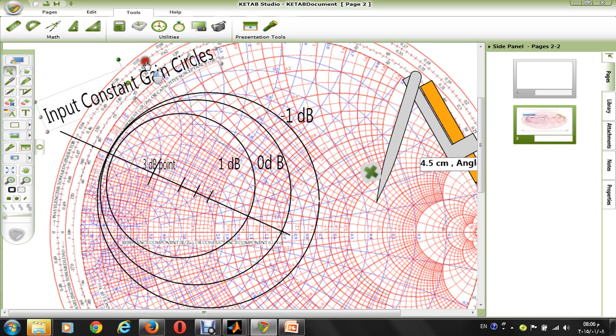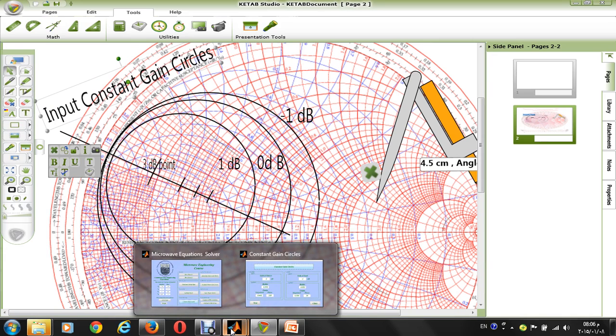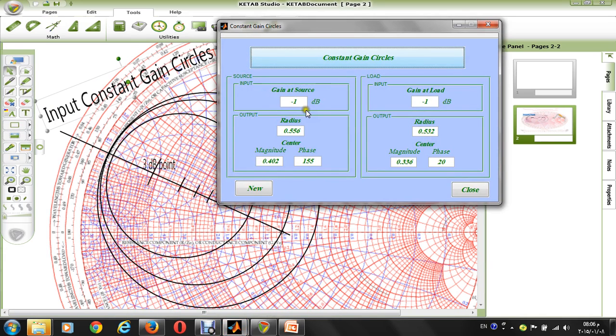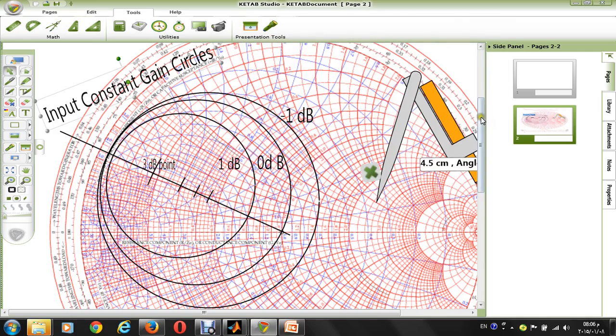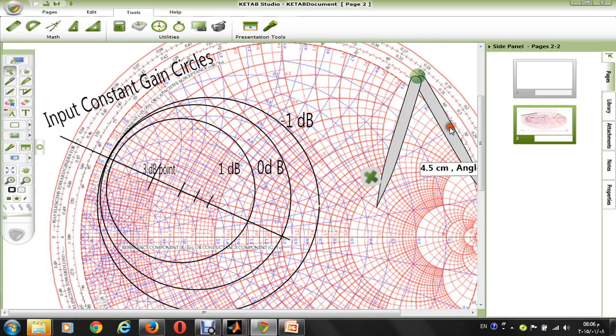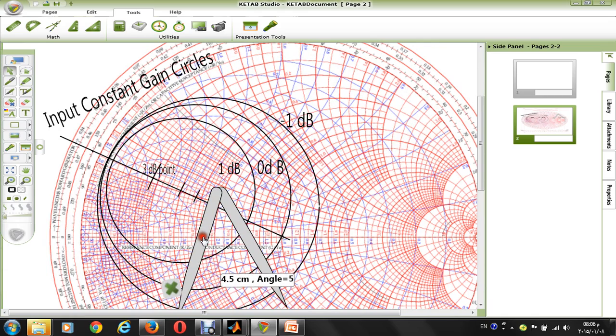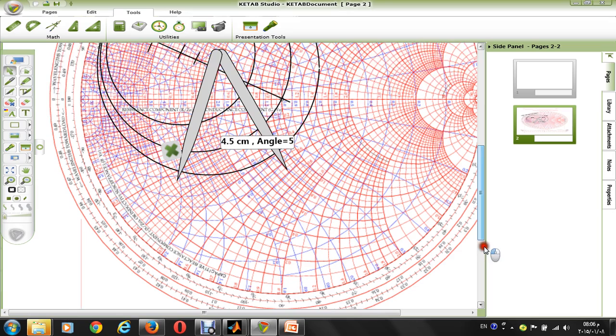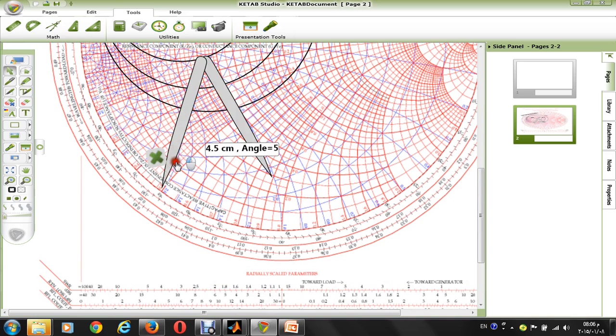And these are. I didn't take the 2 dB. I put in the calculator 2 constant gain. I find that the magnitude is 0.625. So I take this to 0.625.